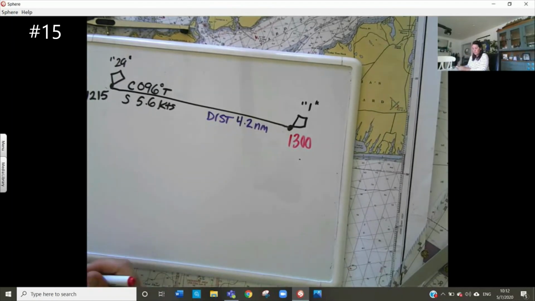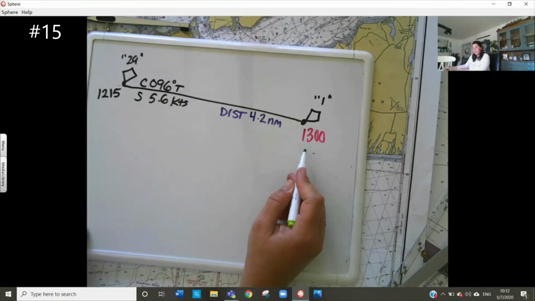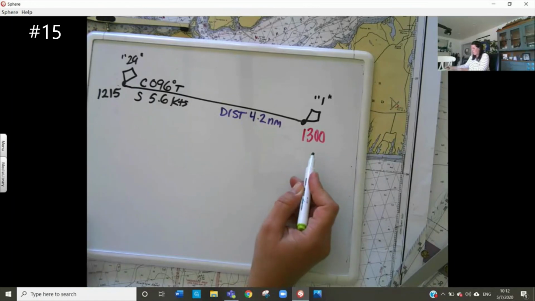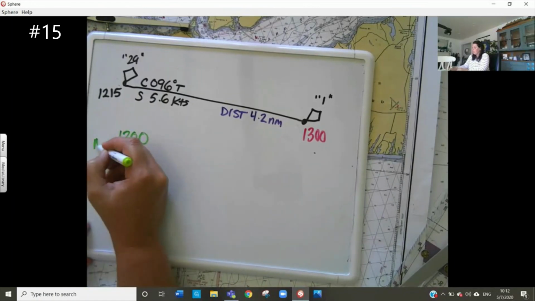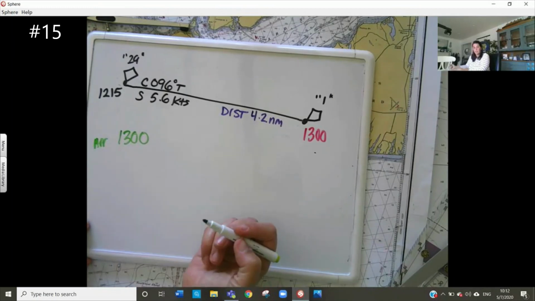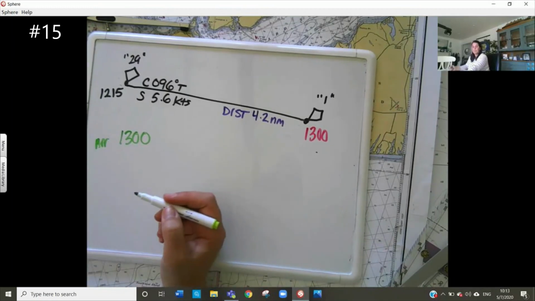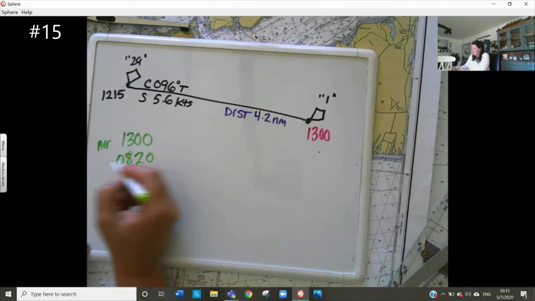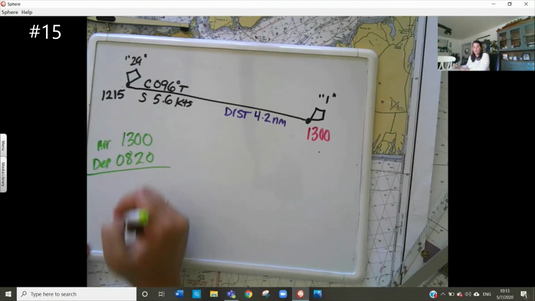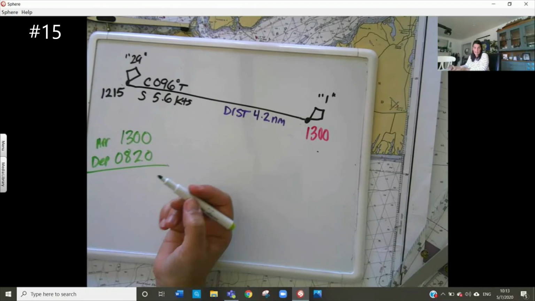So our later time is the time of arrival, so our later time was 1300, and our departure time was 8:20 back at Brenton Reef. So 8:20 was our departure time. How long have we been underway? What was our transit time?